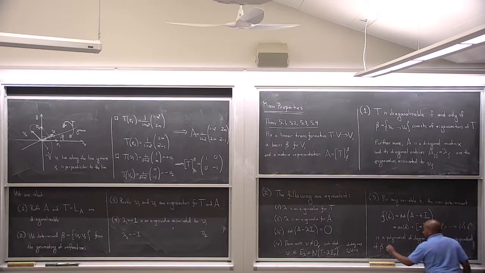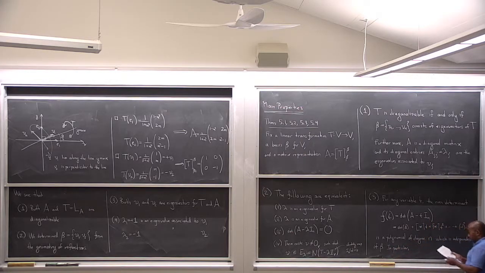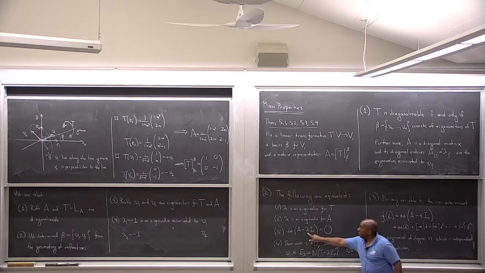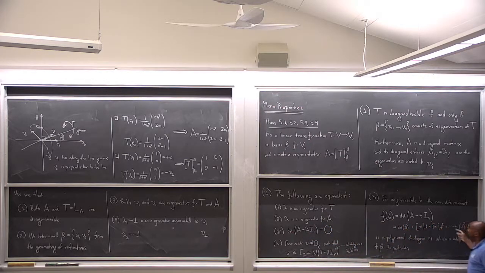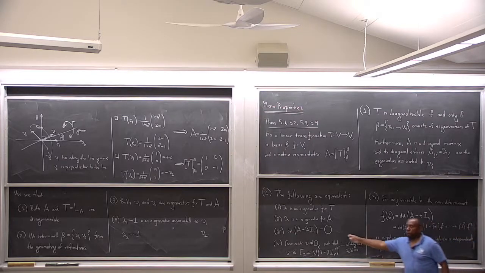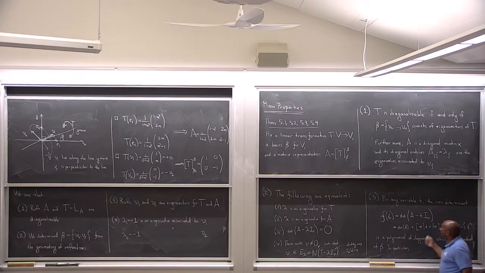So in particular, if I were to plug in t is lambda, like over here, an eigenvalue, then I see that f of lambda should be 0. Right, that was the statement over here. So I'm going to use this later to say whatever the roots of this polynomial are, those will correspond to the eigenvalues.